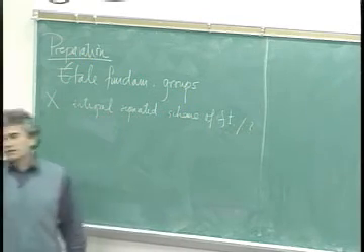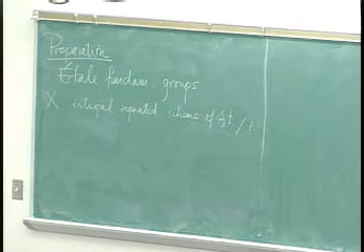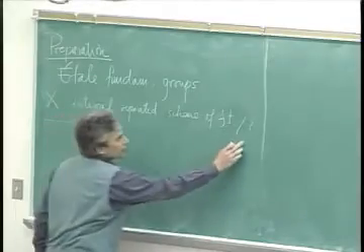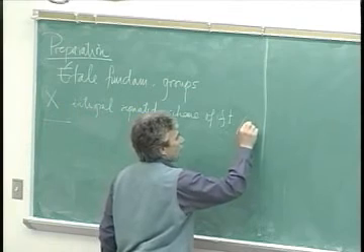And this something is a ring, maybe a nice ring, a Noetherian ring, or maybe a field. Okay, now the first situation is, suppose that this something, R, is a field.